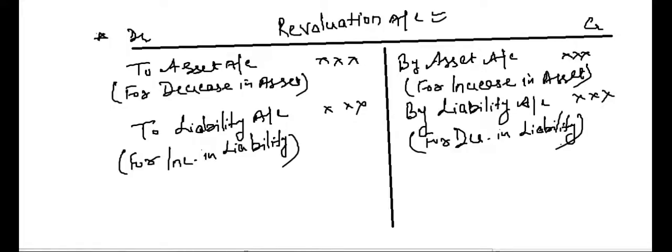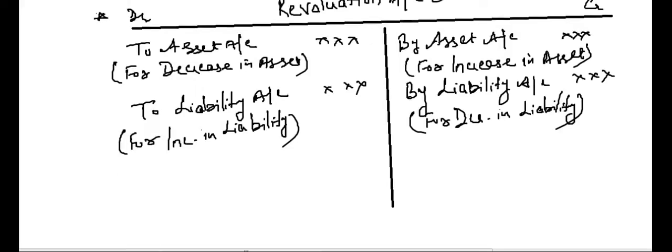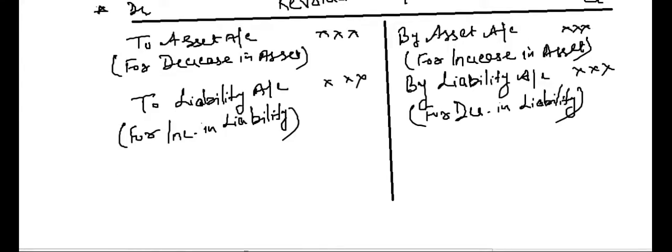Now we will get the balance of the revaluation account. This balance reflects either a gain or a loss on the revaluation of assets and liabilities. When will there be a gain?